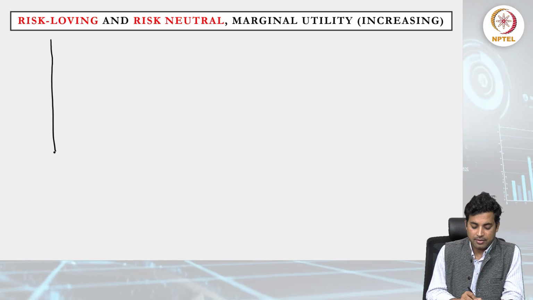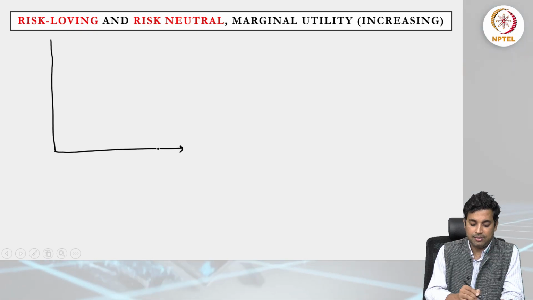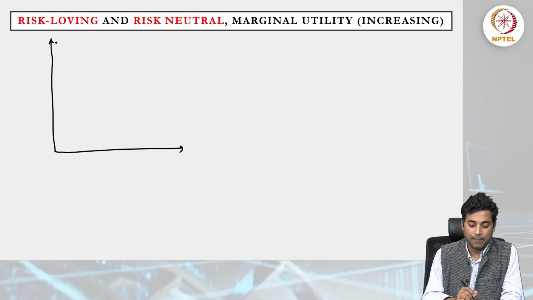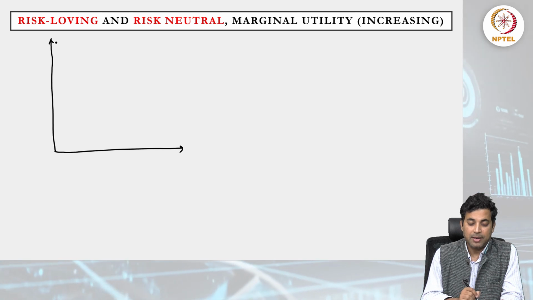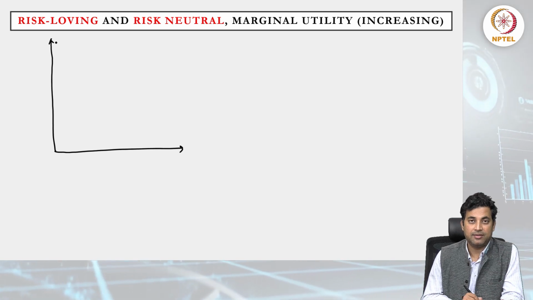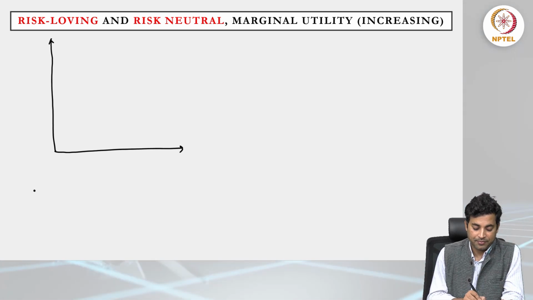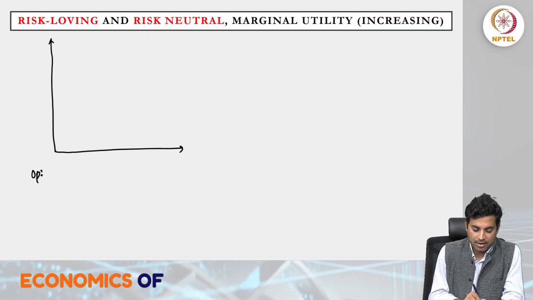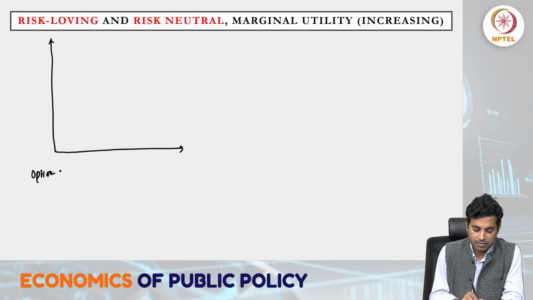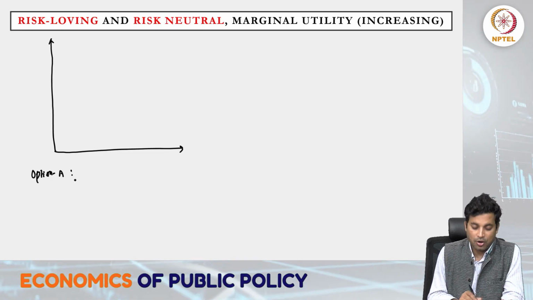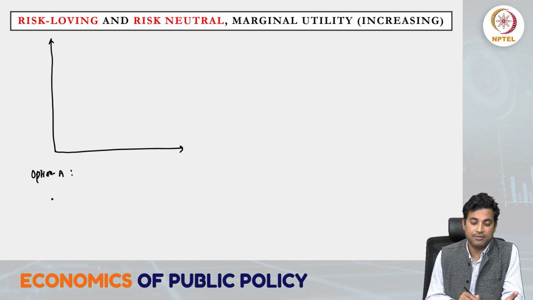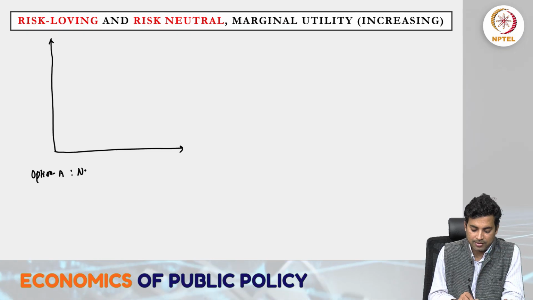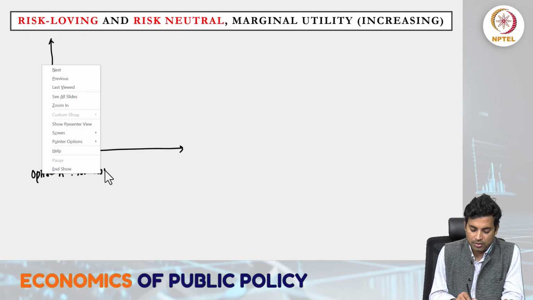Let's say again we are drawing the case, and imagine option B that we discussed in our last case. Again, I'm writing for today's case: option A has a definite value, so no risk at all.